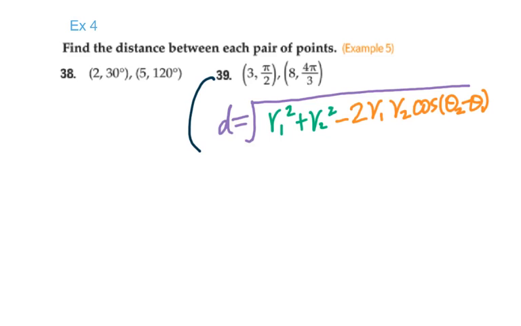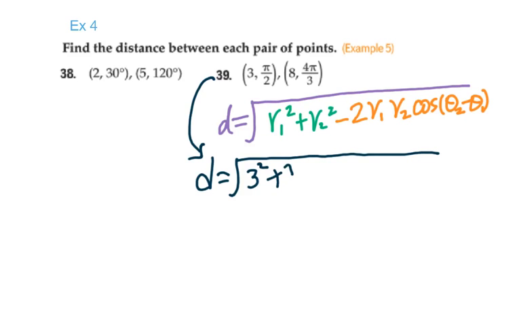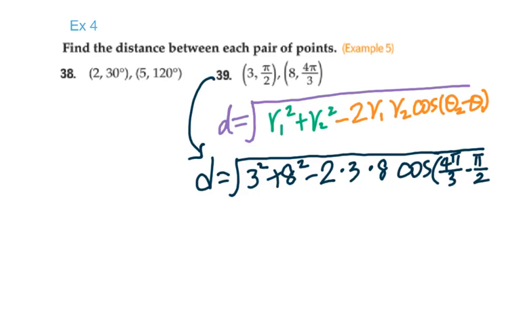Now let's go to 39. We still get d equals square root of 3 squared plus 8 squared minus 2 times 3 times 8 times cosine of 4 pi over 3 minus pi over 2.